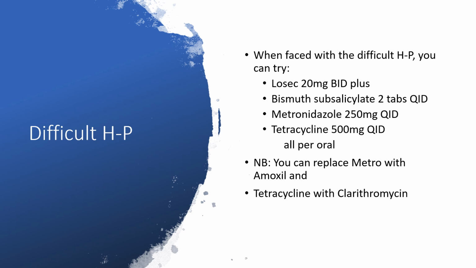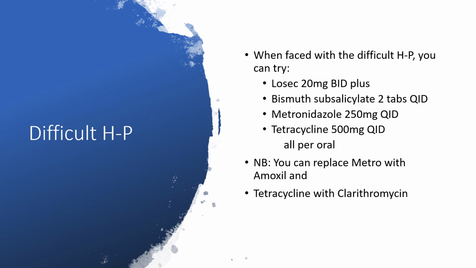Difficult H. pylori. When we are faced with recalcitrant peptic ulcer disease, because the H. pylori is difficult to eradicate, we can use Losec 20 mg twice daily with bismuth salicylate QID, metronidazole 250 mg QID, tetracycline 500 mg QID, all per oral.